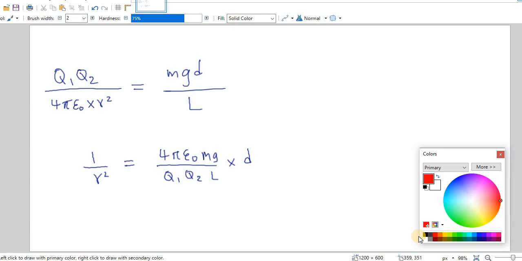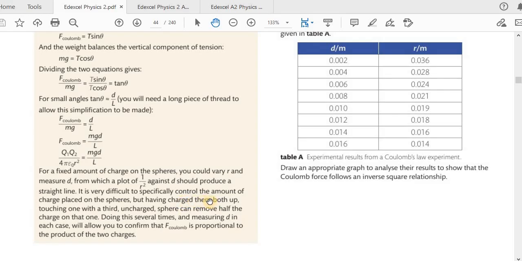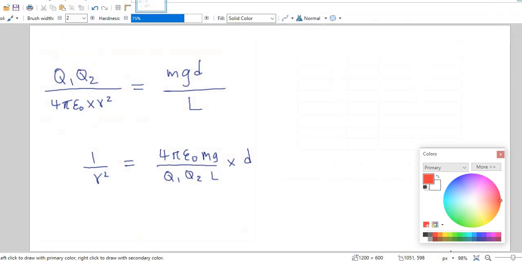So this way you can see that 1 over r squared is proportional to d. That is what is mentioned here. For a fixed amount of charge on the spheres, you can vary r and measure d, from which a plot of this against d should produce a straight line. So that's what I was talking about just now. Now you can think that this is the y.